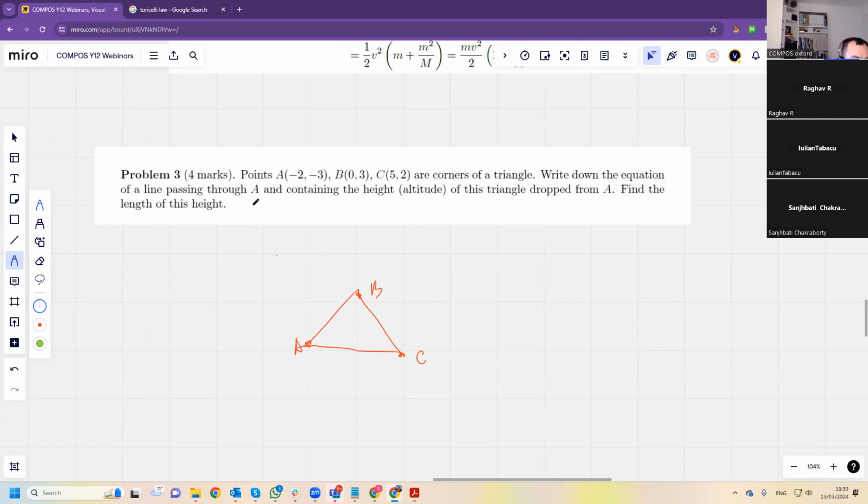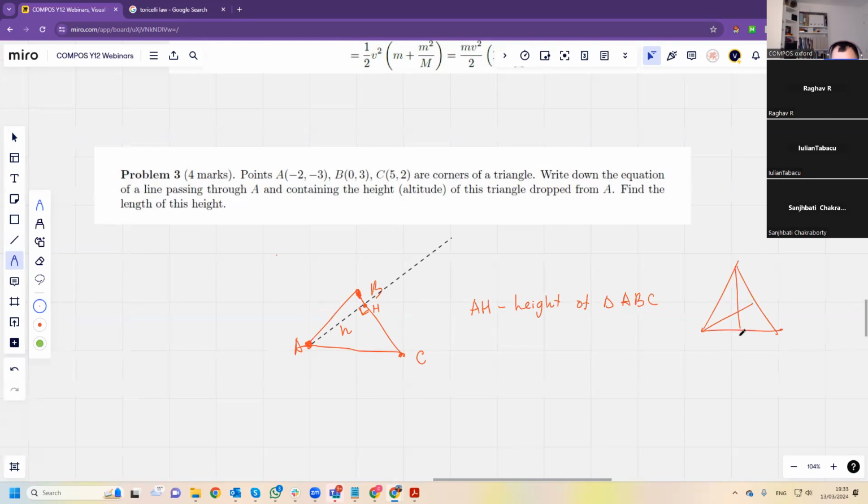Write down the equation of a line passing through A and containing the height of this triangle dropped from A. A height is a perpendicular line drawn from A, perpendicular to BC. So this is known as the height. This is H, so AH is the height of triangle ABC.